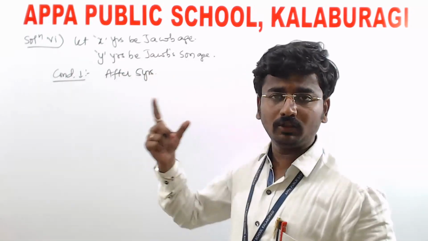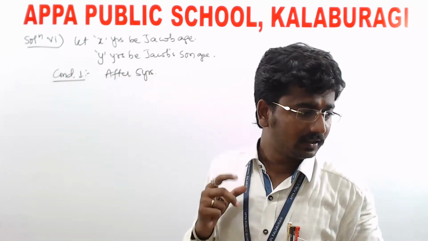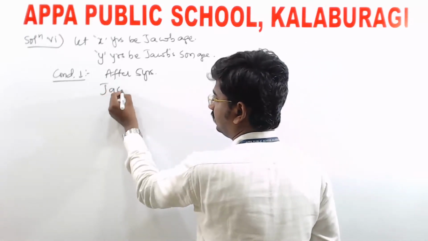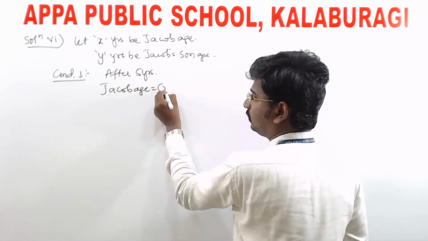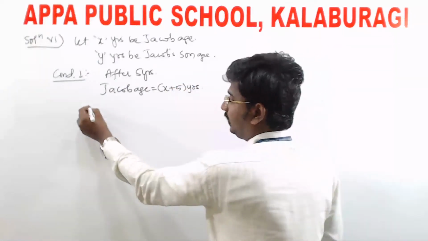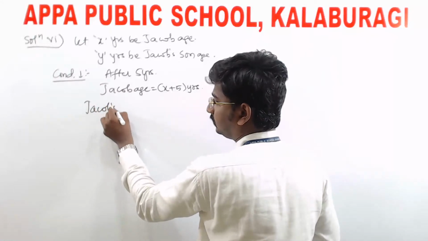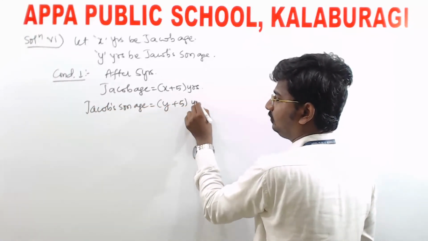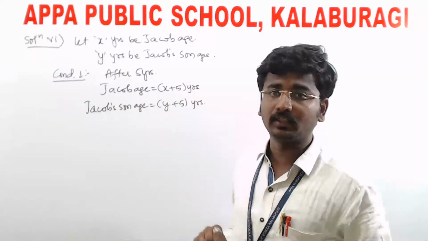After 5 years, what would be Jacob's age now? X plus 5. And son's age? Y plus 5. So I will say here, Jacob's age is equal to x plus 5 years. Jacob's son's age would be y plus 5 years. Now come to the condition.